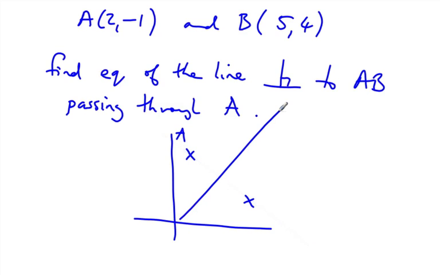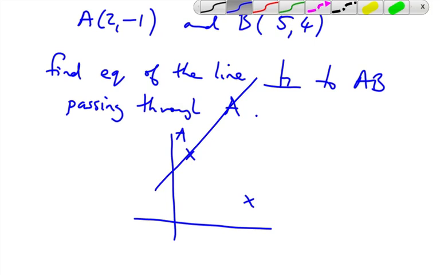And because we know the gradient of the perpendicular, we're then going to work out the equation of the line, the perpendicular line that passes through A. That will be that one, in that order. Okay? Because obviously parallel lines have the same gradient.